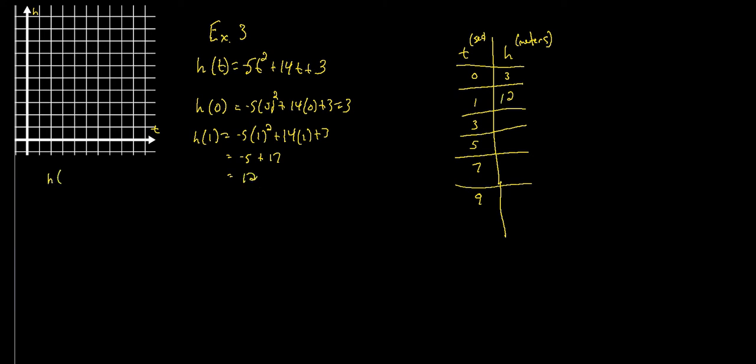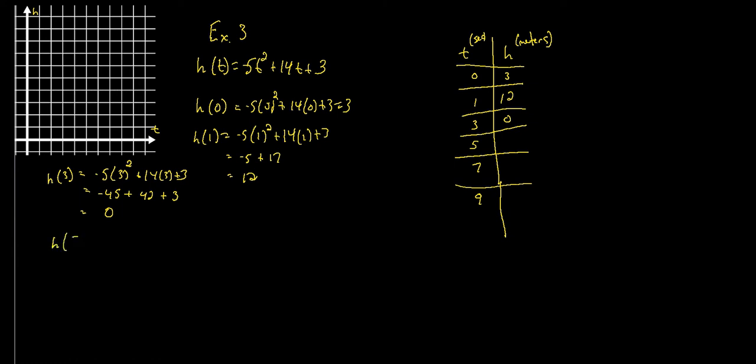H of 3, so at 3 seconds we have negative 5 times 3 squared plus 14 times 3 plus 3. That equals 9 times negative 5 is negative 45 plus 42 plus 3, which equals negative 45 plus 45, which is 0. So at 3, we're at a height of 0.